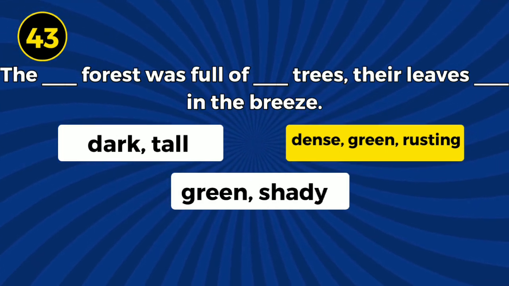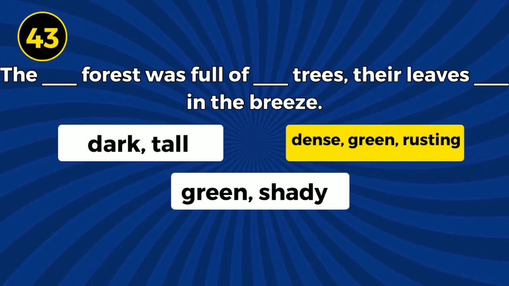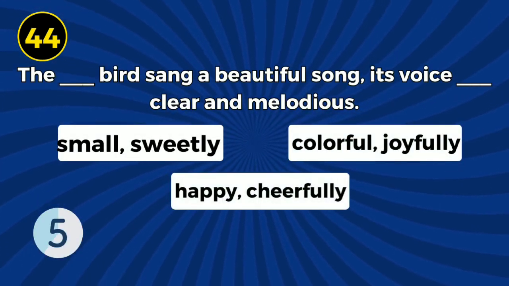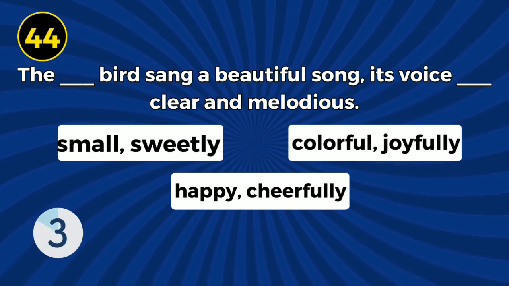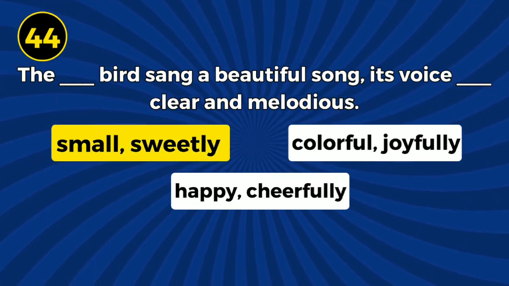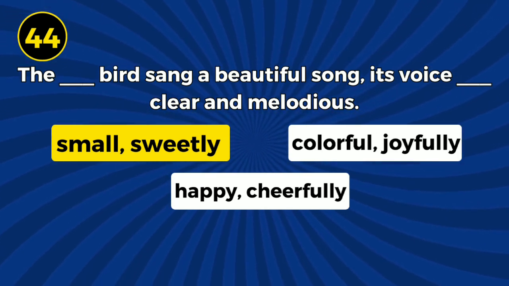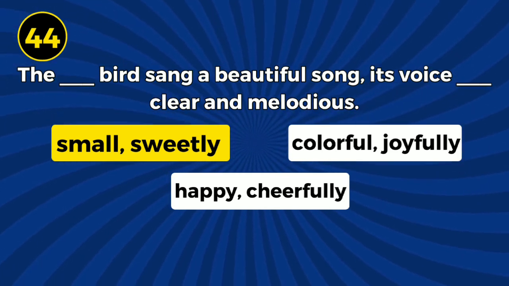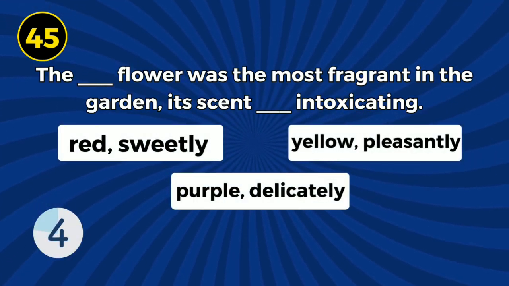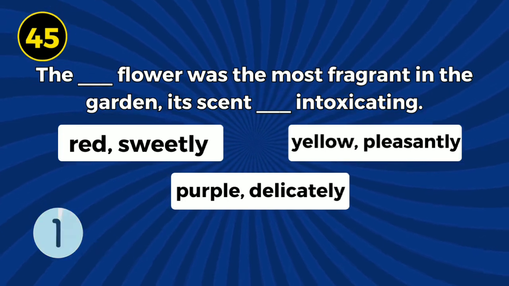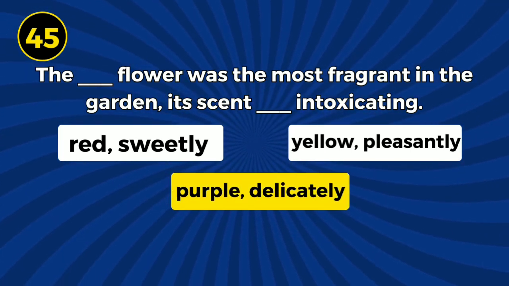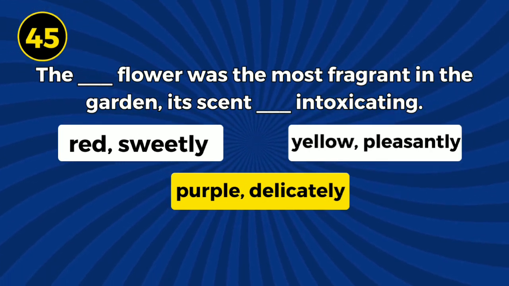The dense forest was full of green trees. The small bird sang a beautiful song, its voice sweetly clear and melodious. The purple flower was the most fragrant in the garden.